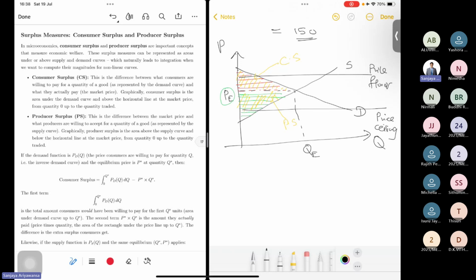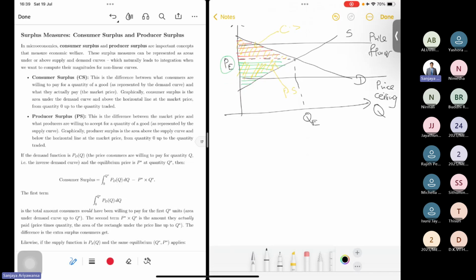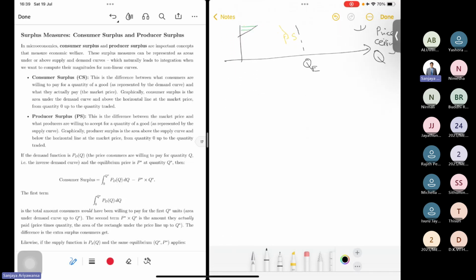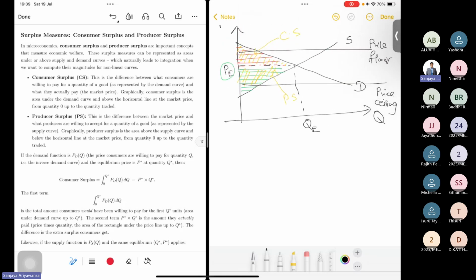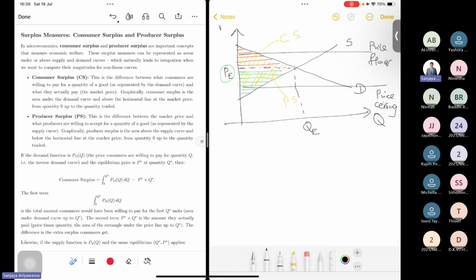So what's interesting is that in microeconomics, you would study very linear curves, right? Your supply and demand functions are always linear. But in reality, you don't get linear curves. It's always non-linear, and it's much more complicated also. Let's assume it's non-linear. Then how do you calculate the area under the curve?